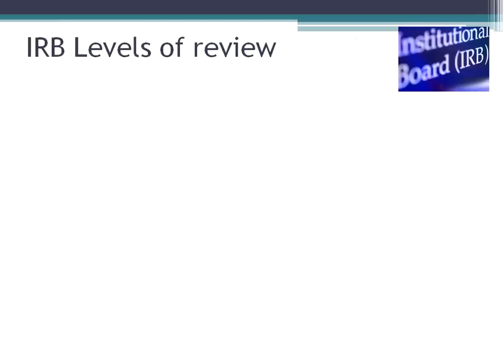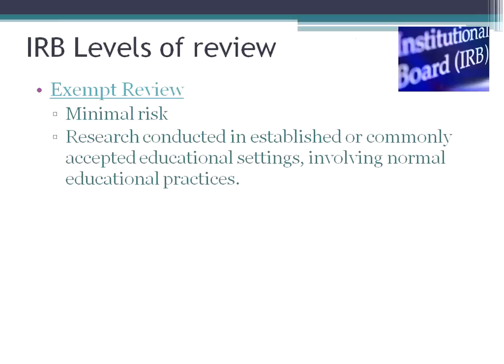The next level of review is exempt review. Now, one thing to know about these levels of review, as we're increasing the level of review, we're increasing the degree of scrutiny that these IRB applications are going to receive. Right? So for non-review, you don't have to put in an application at all.